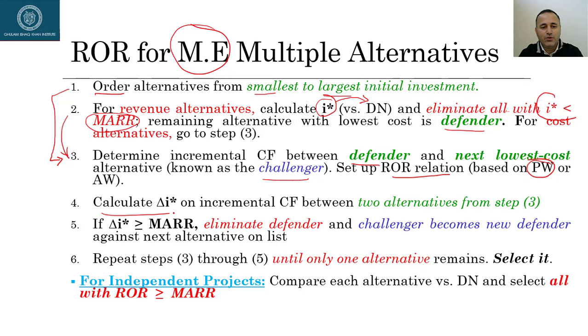Calculate the rate of return of incremental cash flows between the two alternatives, compare, eliminate the defender, and the challenger becomes the new defender against the new alternative on the list. We will repeat steps 3 to 5 until only one alternative remains. Again, this looks very abstract, but the example is straightforward, plain vanilla. Okay, let's go.